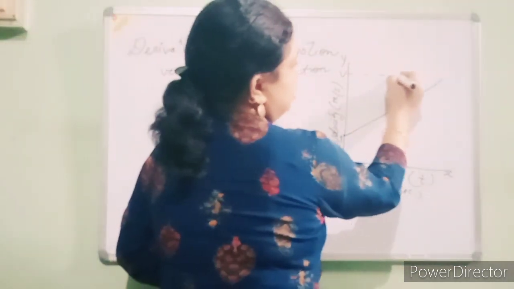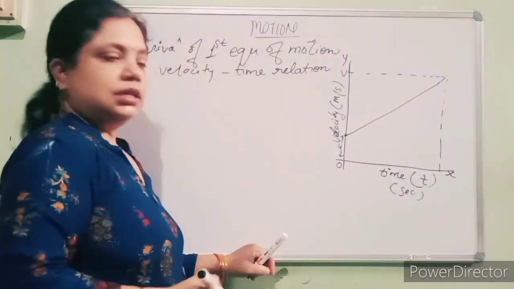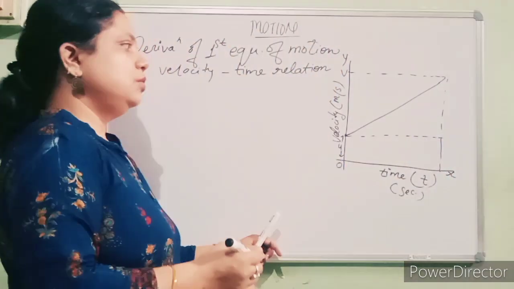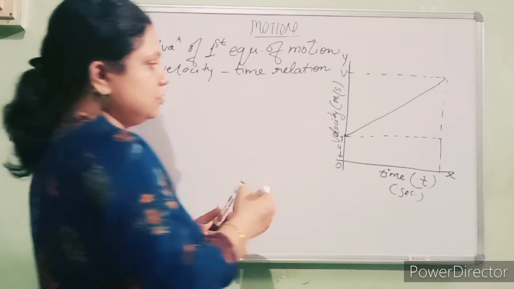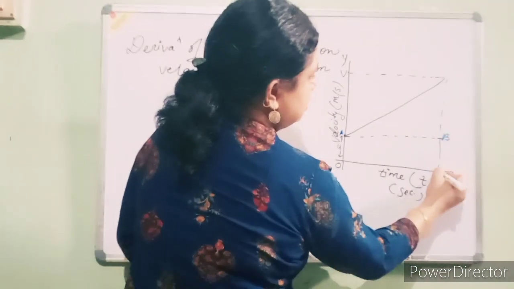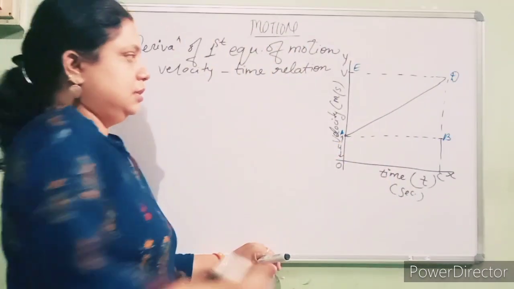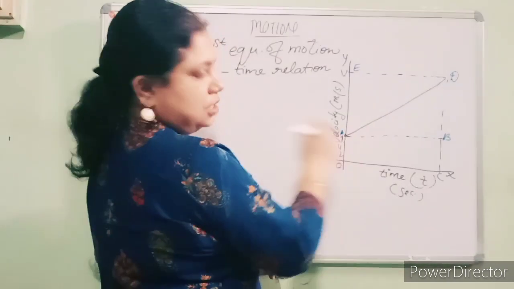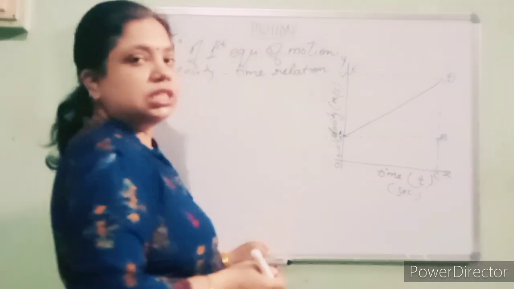Now we join the graph. We also give it some names: O, A, B, C, D, E. Uniform accelerated motion, straight line, initial velocity u, final velocity v, and OC represents the time t.